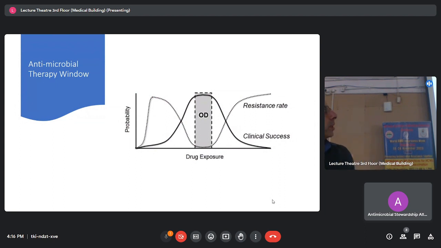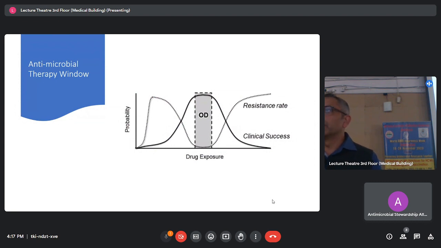Now, in this case, we have a drug exposure and rate of resistance development. Can we somehow increase the rate of development of antibacterial resistance if we use the drug inappropriately in tertiary care centers, or does the resistance actually develop in peripheral centers when the antibiotics are used inappropriately?